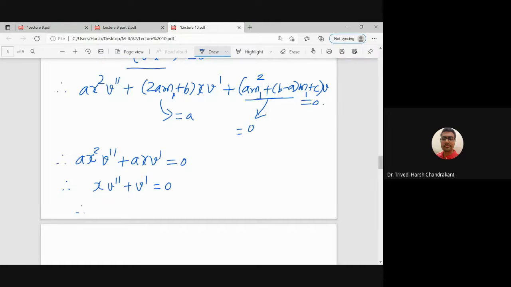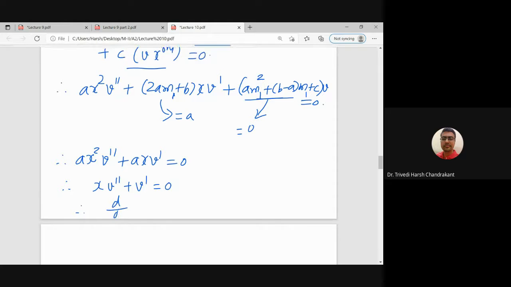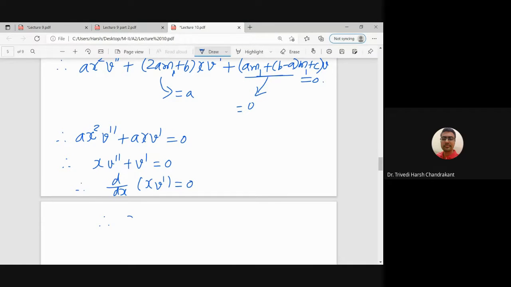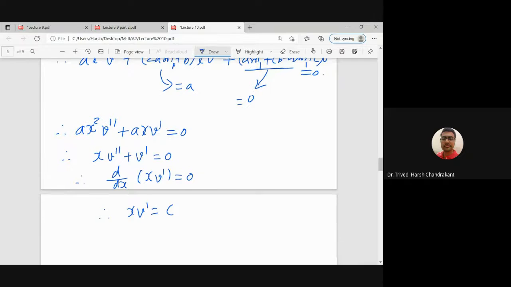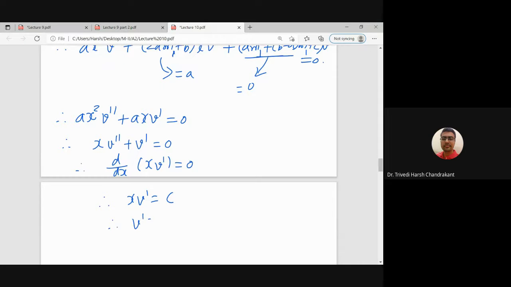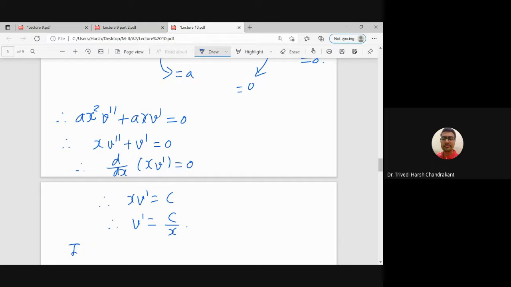What we get is d by dx of x v dash is 0. That means x v dash is constant, and then we get v dash is constant by x. So in particular, we are looking for a particular solution.